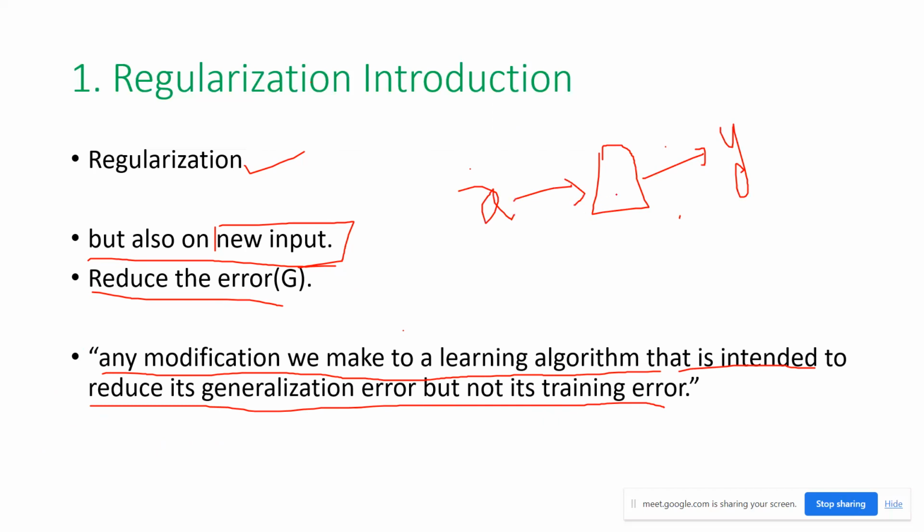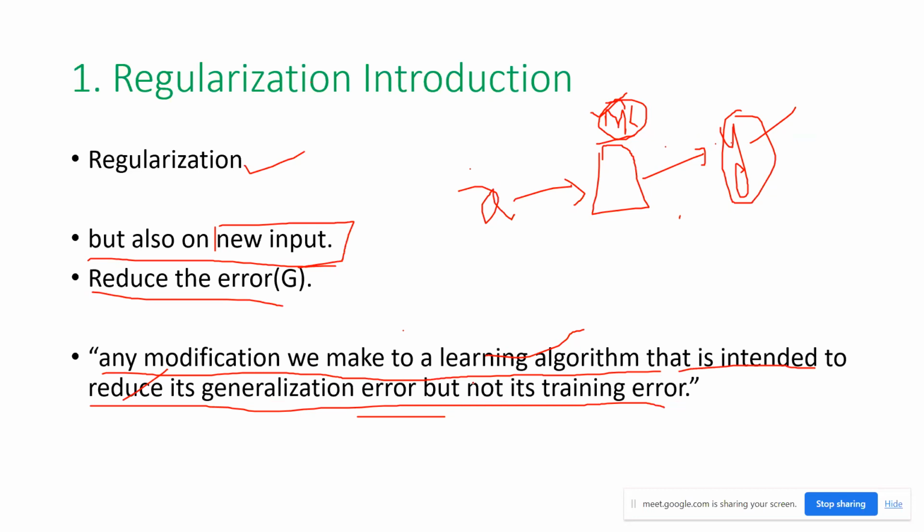We are giving input, the machine learning model or deep learning model is applied, and we are generating the output. This output has misclassifications, more misclassification, that is more error. Then we are going to modify this learning algorithm, reducing the generalization error. So when we are modifying the algorithm, we are trying to reduce the error. For reducing the error, we are trying to modify.